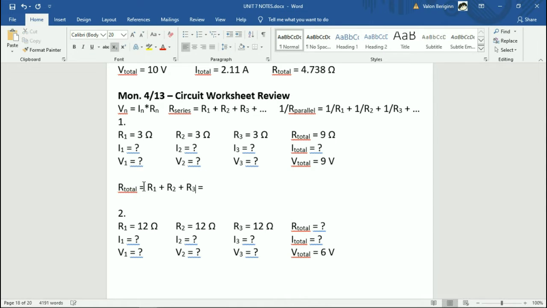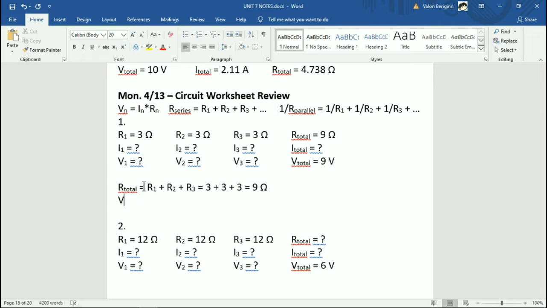Since we have V total equals I total times R total, we have 9 equals I total times 9. So I total equals 1 amp.